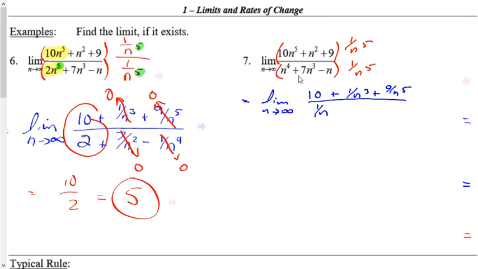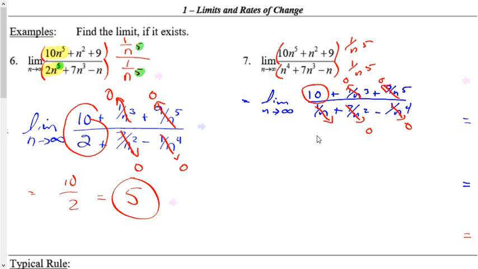And then 7 times n cubed, that'll give me a 7 over n squared minus 1 over n to the fourth. So what's happening to each of these terms? Well, the 10 stays. The rest go to 0.